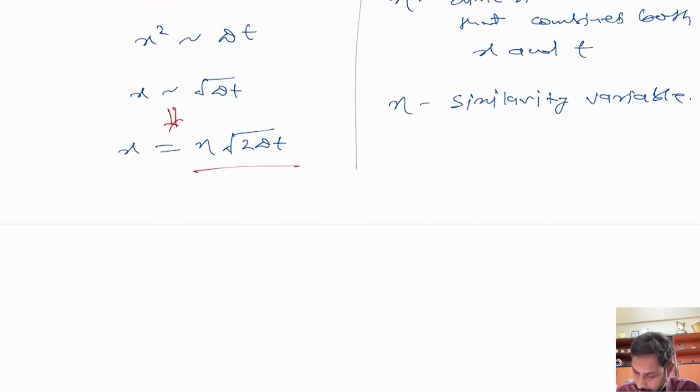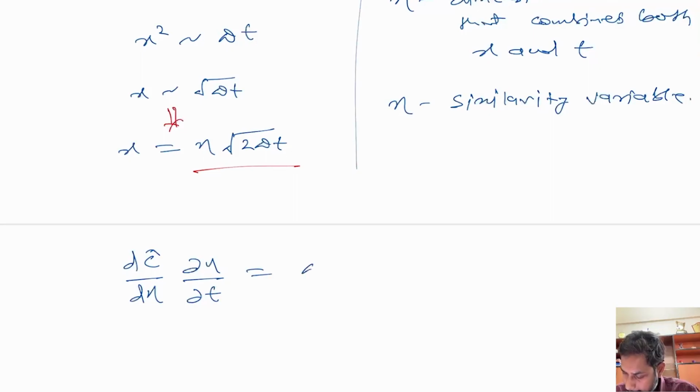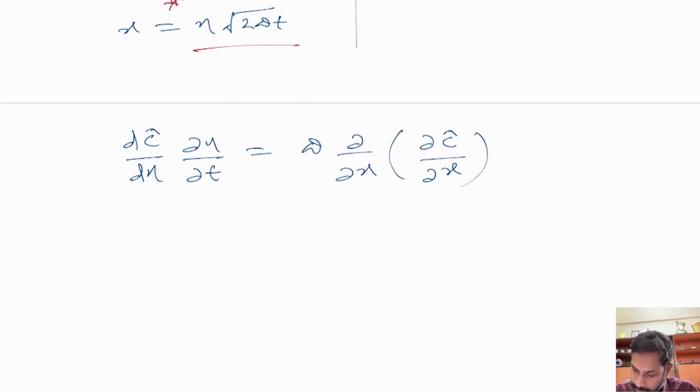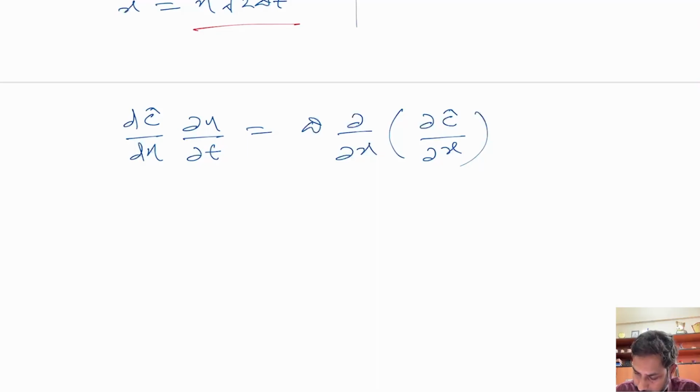All right, so because now eta is a single variable, we can write this as dc hat by d eta times d eta over dt is equal to d over dx of dc by dx. So here again, for the right side as well, we will do this.